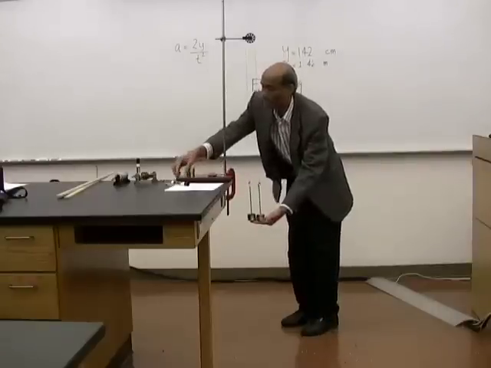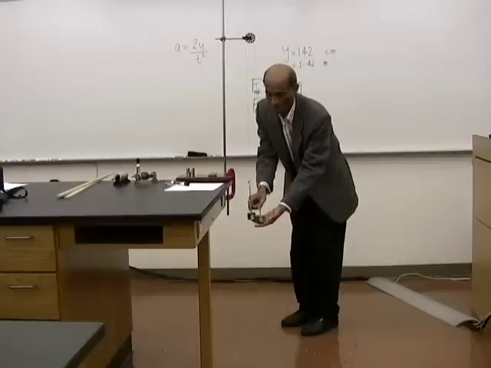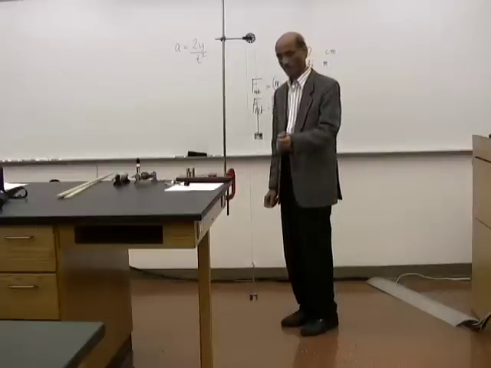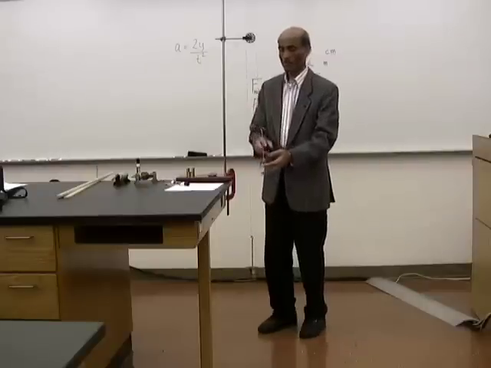I need to find the frictional force, so I'm going to try 1 gram again and put 1 gram on M2 and give it a small push. Well, it's going, you can see that friction has not increased. It is still 1 gram, good enough.